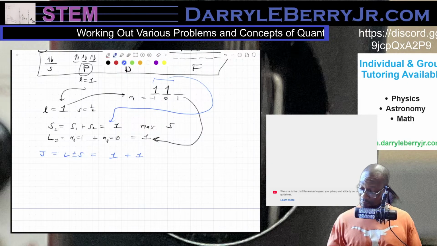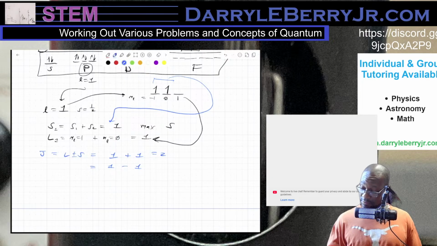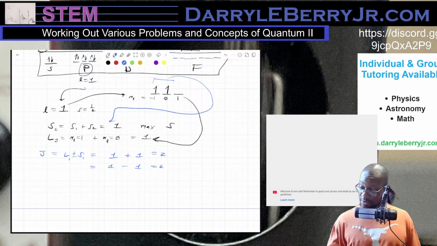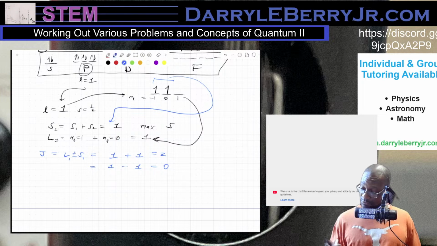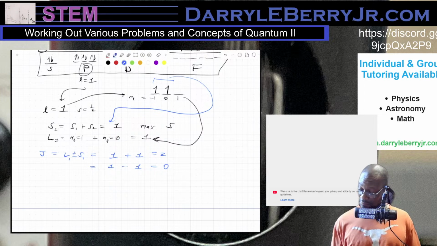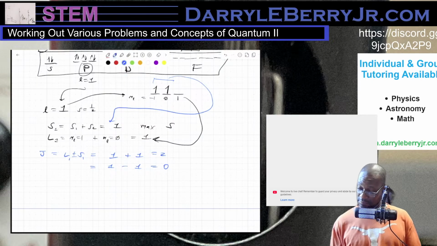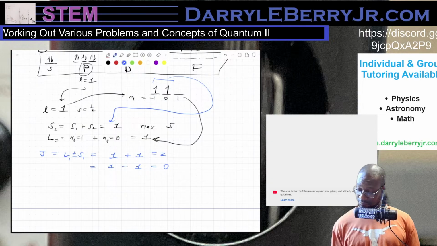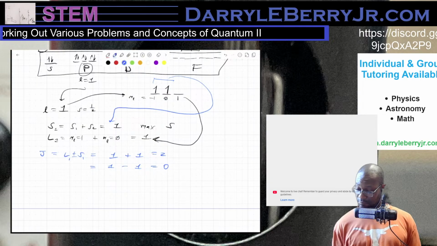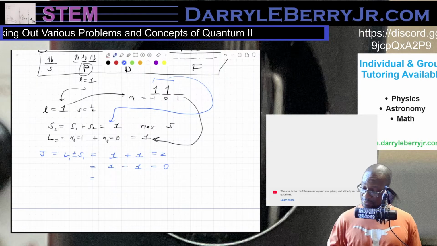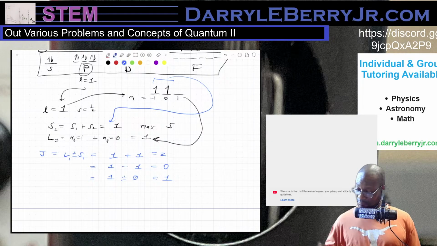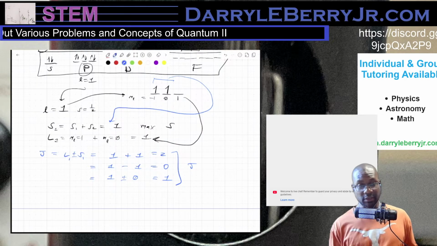Plus 1 equals 2. 1 minus 1 equals 0. And let's do the 0 option. 1 plus or minus 0 equals 1. So J equals any of these.